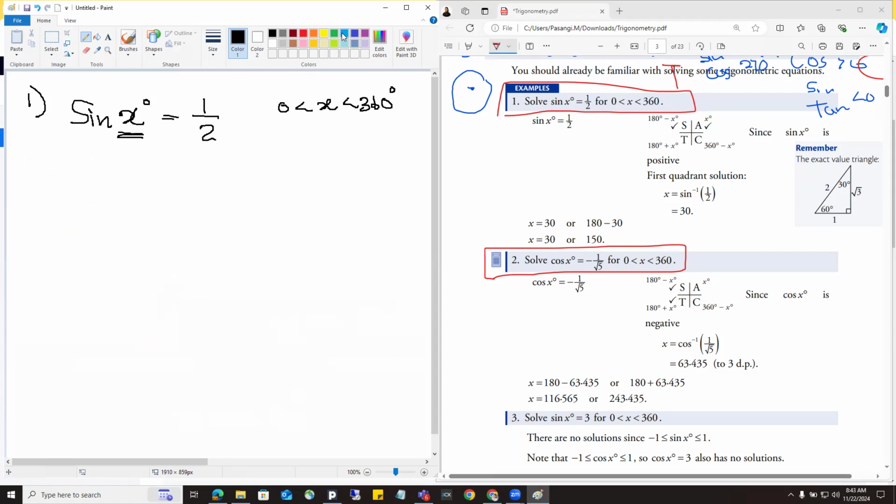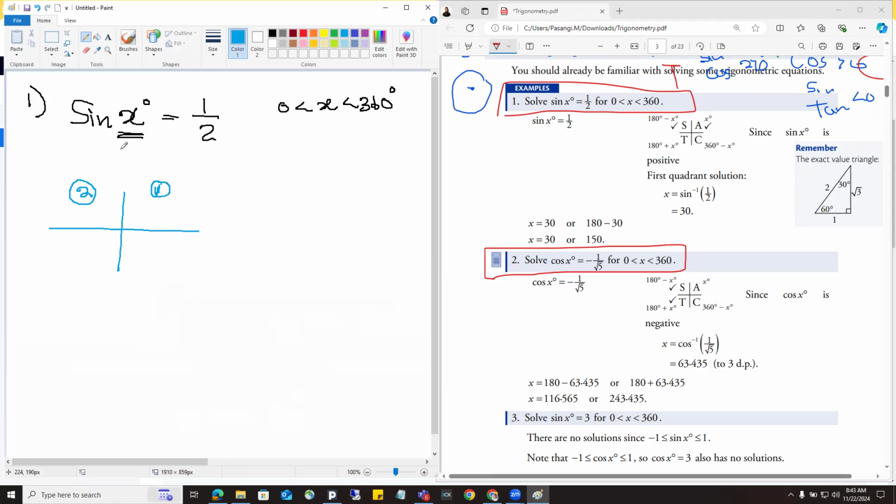Before calculating, we have to know where this x angle lies. Since the sine value is positive, it can be either in the first quadrant or the second quadrant. These are the only two possible quadrants where this x angle can lie.